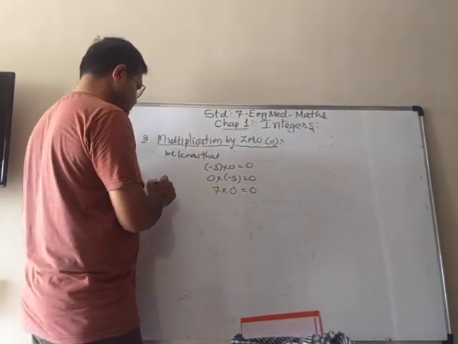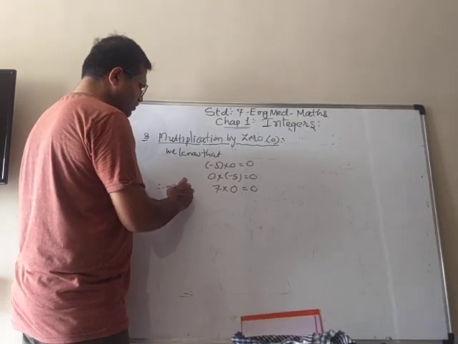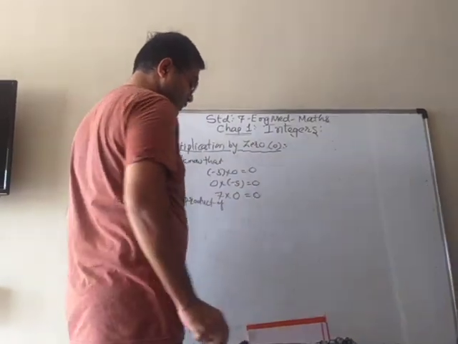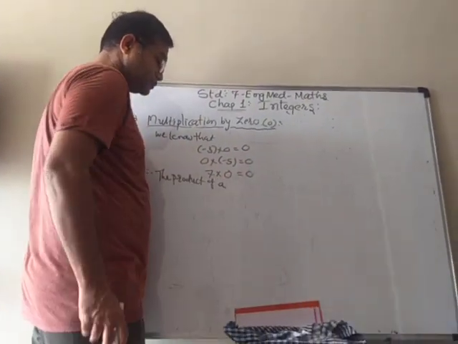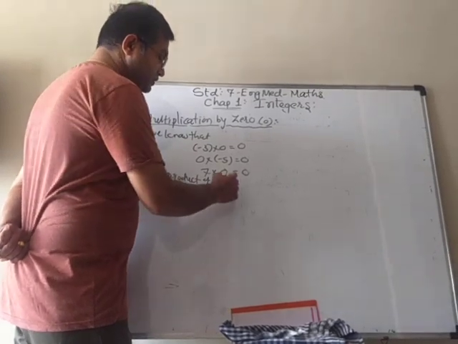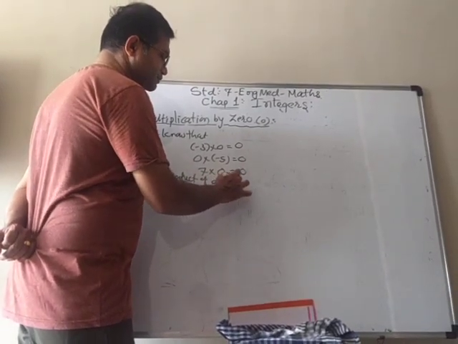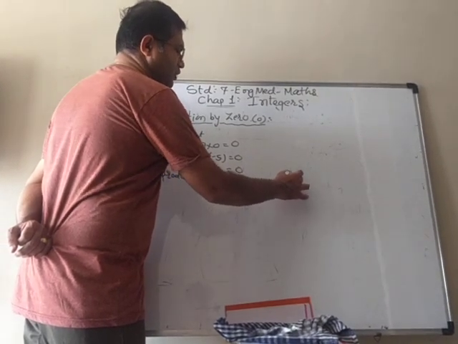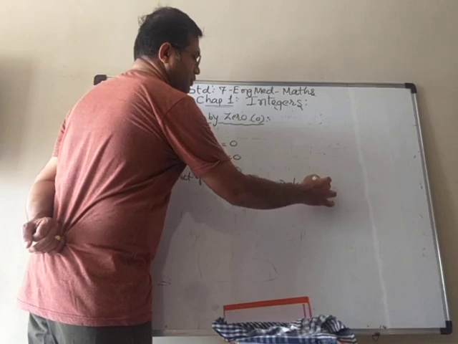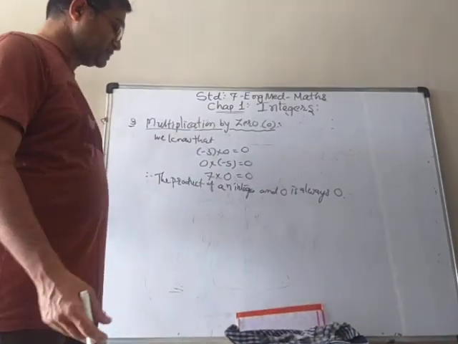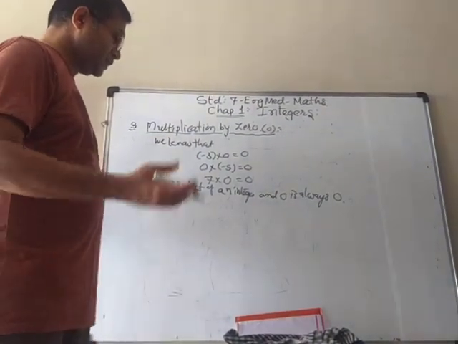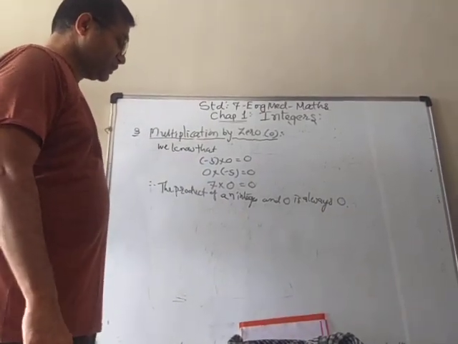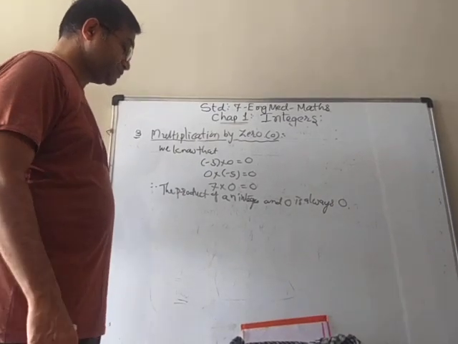It shows that we can say the product of an integer and 0 is always 0. It means that doesn't matter if the integer is positive or negative, the product will be 0.